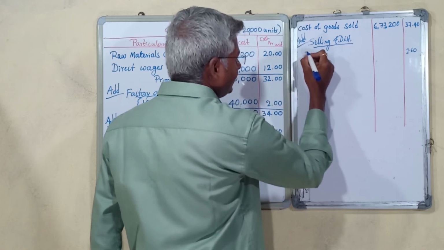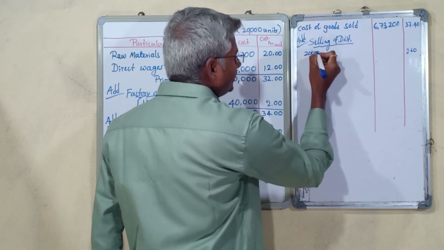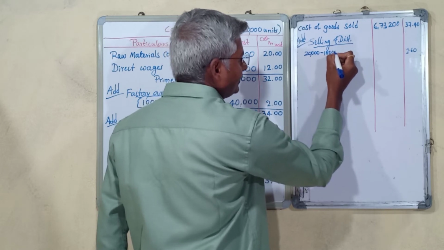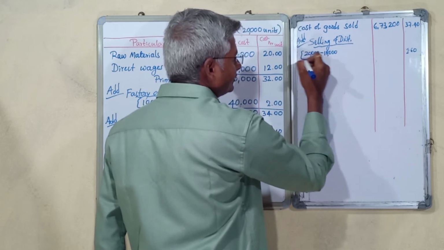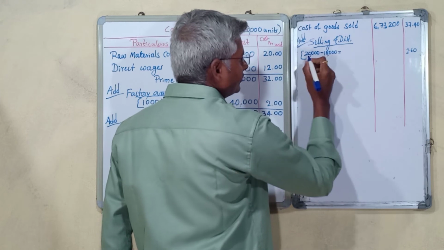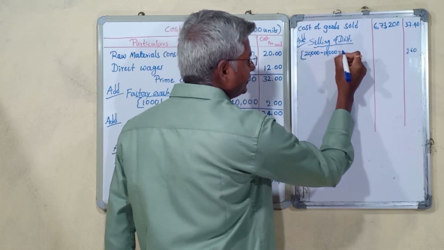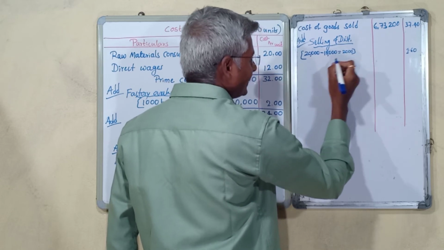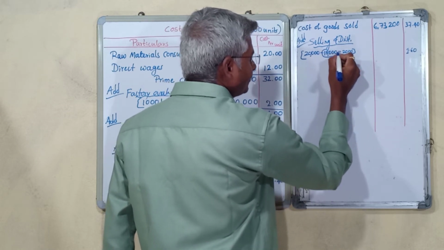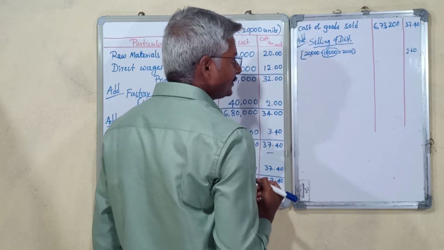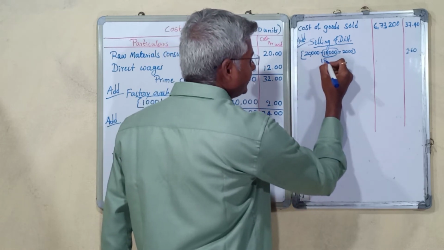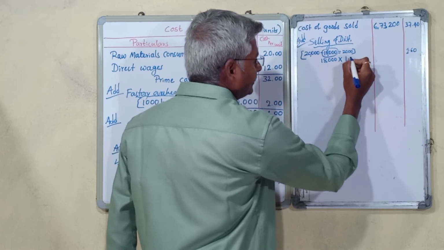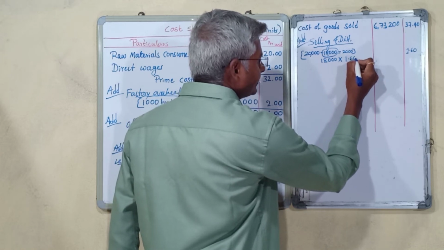We have 20,000 units produced minus 18,000 sold, which is 2,000 units.